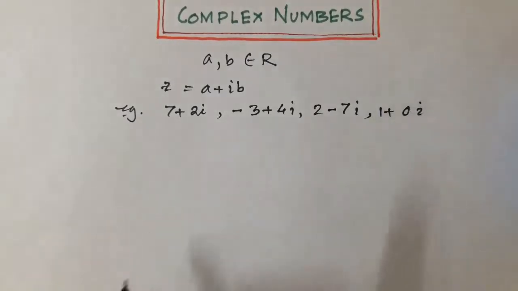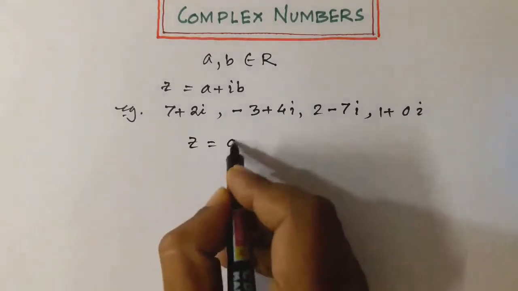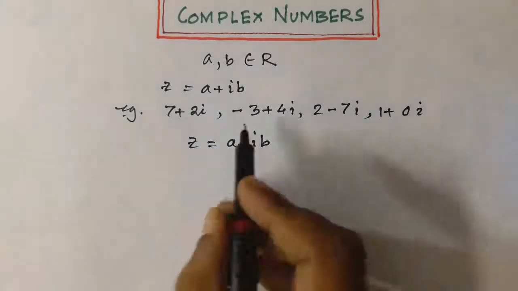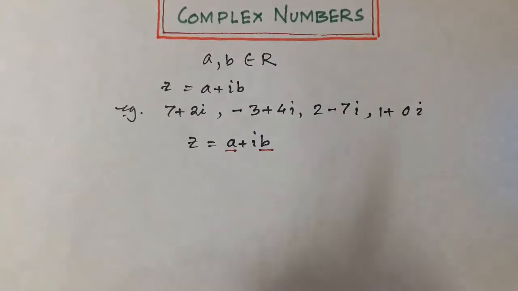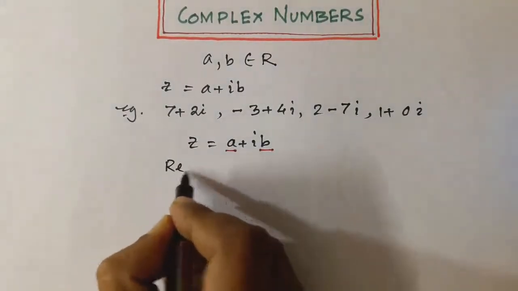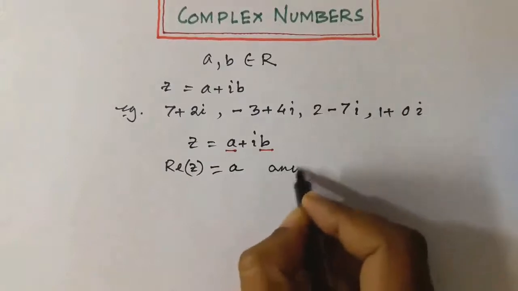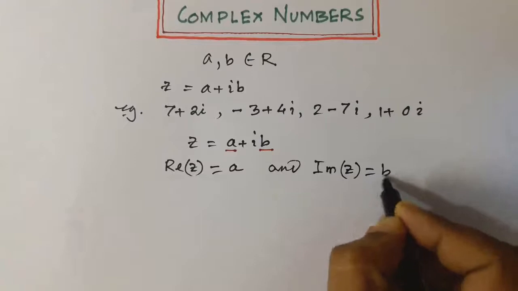Real and imaginary parts of a complex number. Say z is equal to a plus ib. So we find here two parts. One is this one, another one is that one. Now, real part of z is equal to a and imaginary part of z is equal to b.